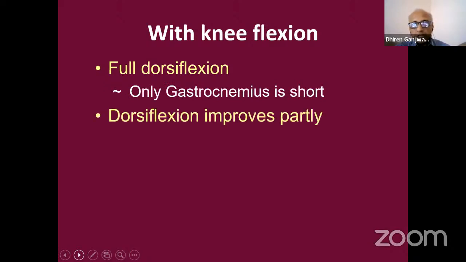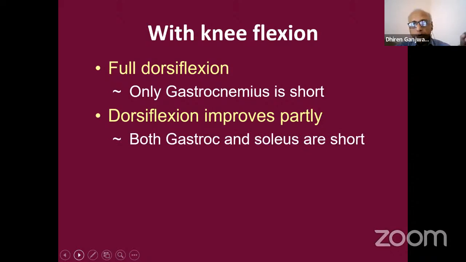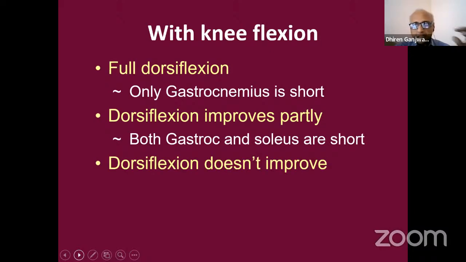If dorsiflexion improves partly, but it is not full, then it suggests that both gastroc and soleus are short. And the third possibility, very uncommon in cerebral palsy, is that dorsiflexion does not improve at all with knee flexion, and then it suggests that only the soleus is responsible for this problem.